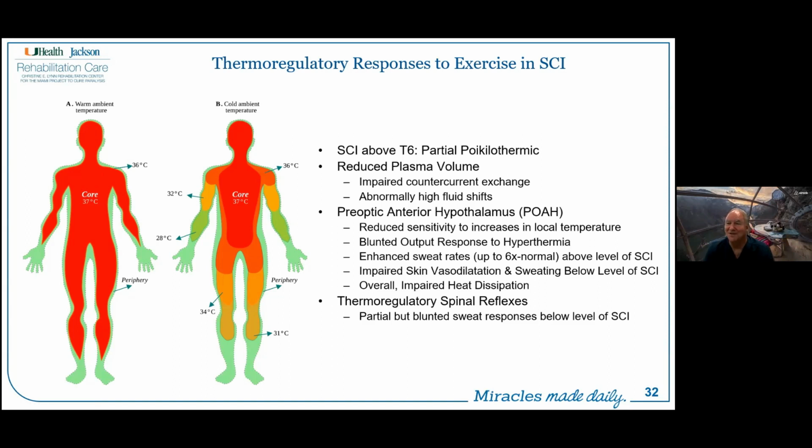Recognize the other side of the spectrum, however, when I was treating patients up in Michigan and Pennsylvania in the winter months, when it becomes cold, they become hypothermic and they literally slow down their speech. And it can be very disconcerting to have somebody show up in your spinal cord injury clinic speaking very slowly and you don't know what's going on. That can be just because of hypothermia.